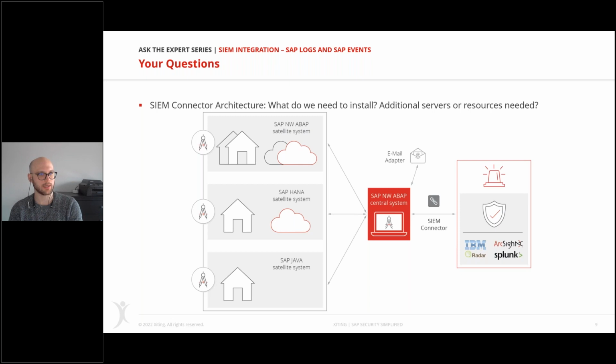And then we have such a central and satellite system architecture. That means that we have a central ABAP system, because this is an ABAP solution, for the central system. And the central system has connections to all the satellite systems. And the central system takes care of collecting all the logs from the satellite systems. After it has collected the logs, it sends the logs to a SIEM system via the connector. So that's the approach that we currently follow.